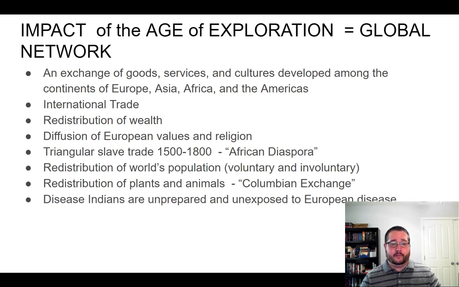Okay, and then one of the other large impacts, just absolutely horrifying, is the ravages of disease on Native American populations all over North, South, and Central America. They're completely unprepared, and they've never been exposed to some of the horrible European diseases like smallpox, cholera, and many others.